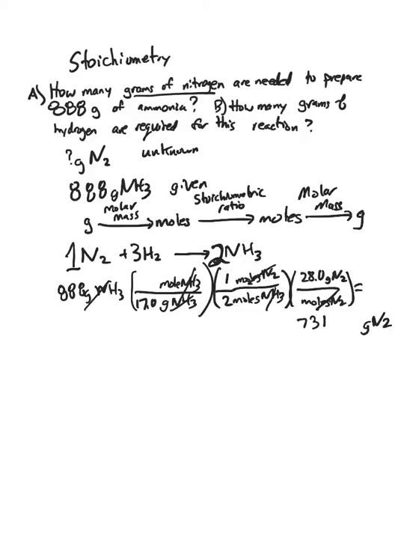So that's part A. So part B, let's find out how many grams of hydrogen are required to make this 888 grams. So once again, we're going to go from grams to moles, moles to moles, and moles to grams. This time we want to wind up with grams of hydrogen. So 888 grams of ammonia, 1 mole of ammonia is the same as 17 grams of ammonia.